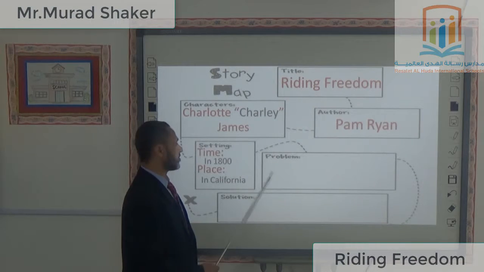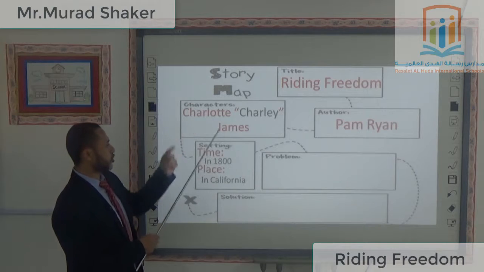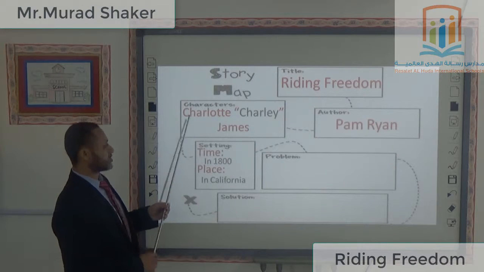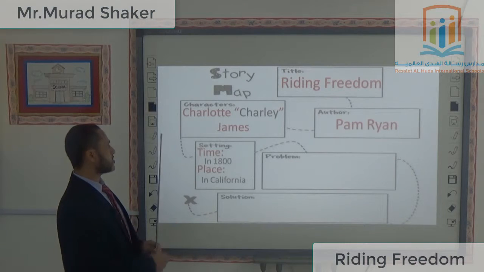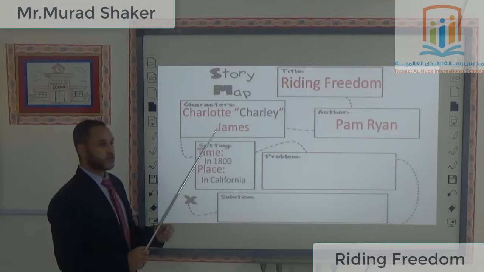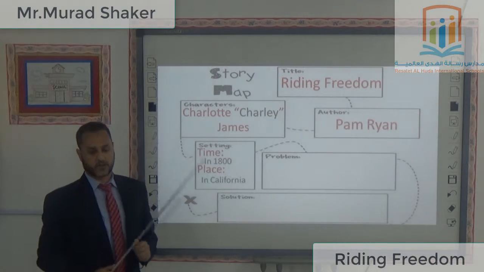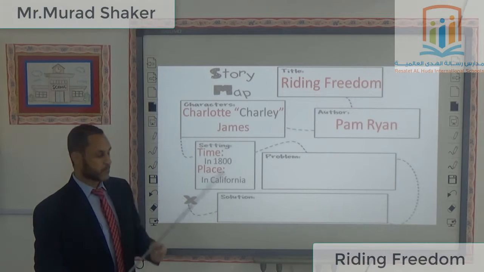After this, the problem in the story is, if you remember here, when I said he or she, here Charlotte is a girl. She couldn't find a job with money, so she disguised herself as Charlie to be able to drive a car. Not a car like these days, but a horse car.